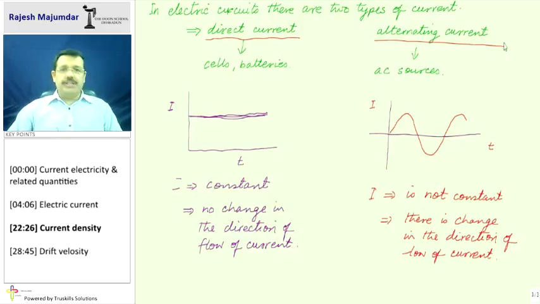So now we are in a position to talk about the next teaching point, and that is electric current density. Let us understand what is meant by current density.